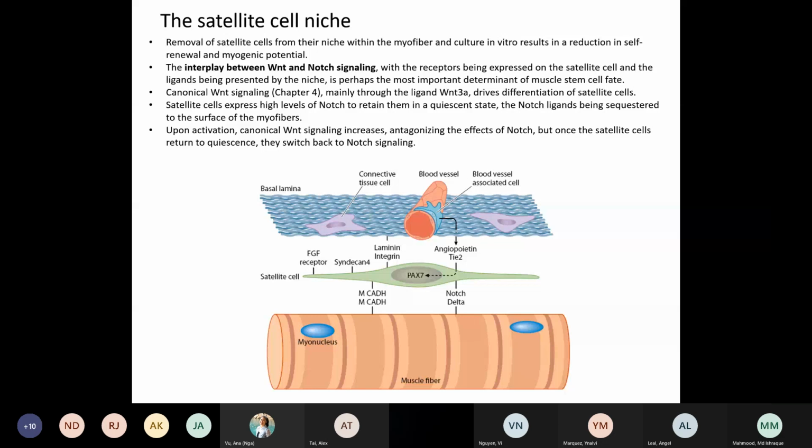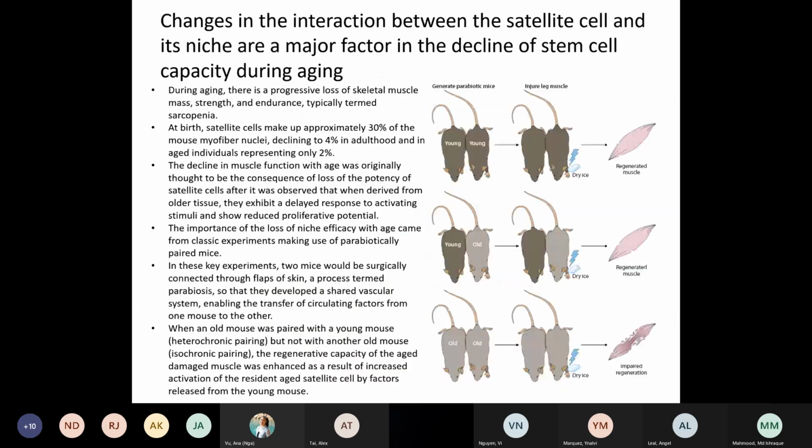So the Notch signaling is the interaction between the satellite cell and the muscle fiber itself. Okay, that's the end. Oh no, we still have one more very important slide here.